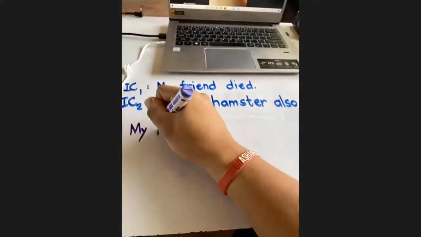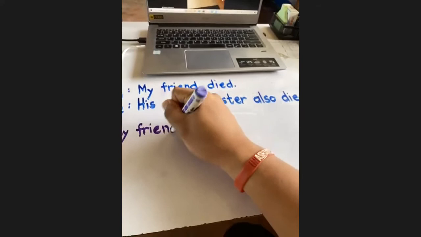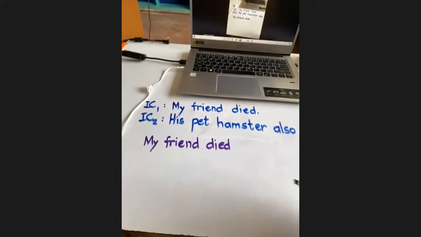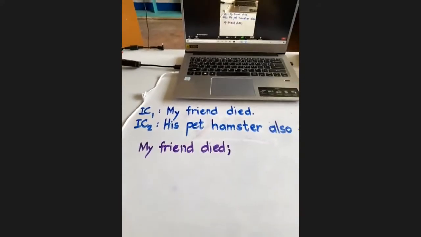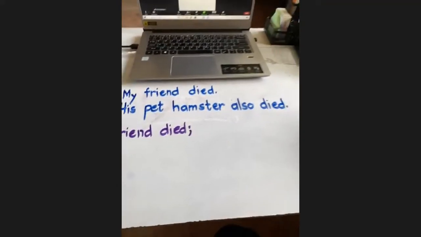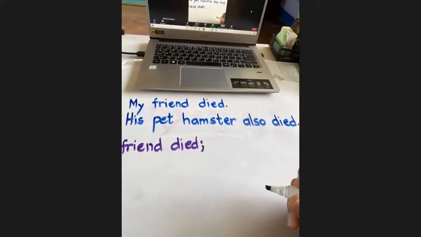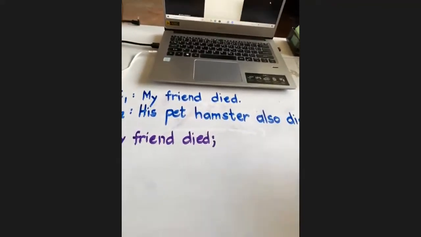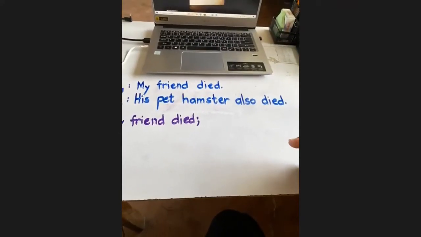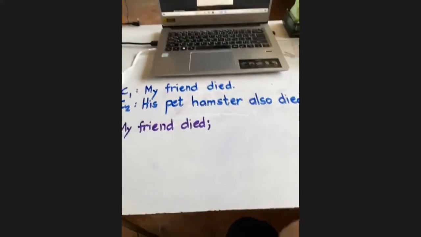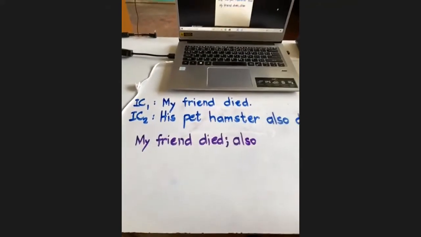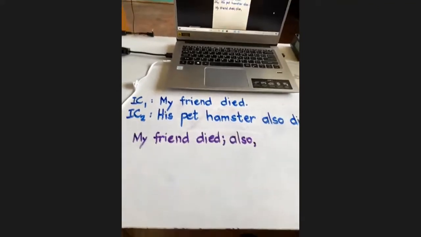My friend died. Punctuation mark again. After died, we will use a semicolon. Then we will provide the conjunctive adverb after this, which will also be followed by a comma. What conjunctive adverb can we use here? Also. What will be placed after also? You have a comma.